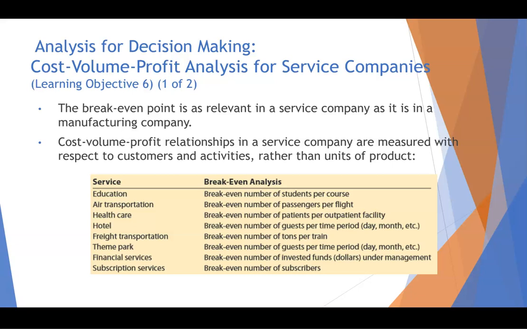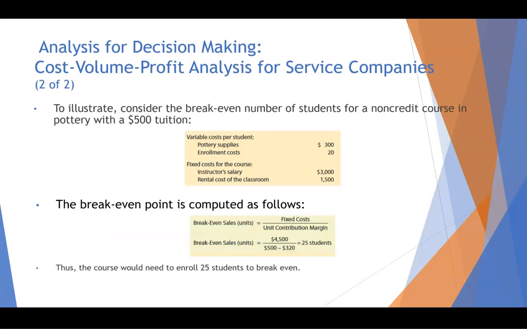Break-even analysis for a service company involves identifying the correct unit of analysis and the correct measure of activity for that unit. If we take a look at this, consider the break-even number of students for a non-credit course in pottery with a $500 tuition.